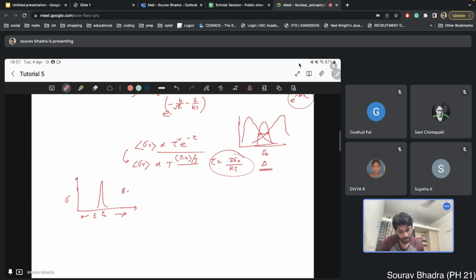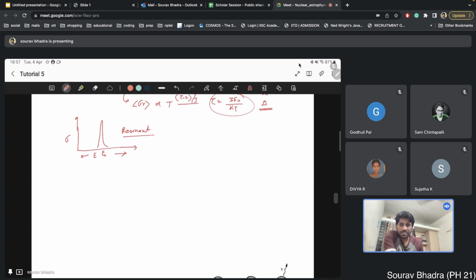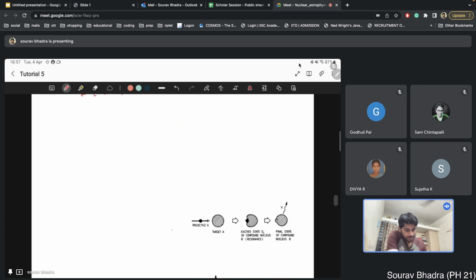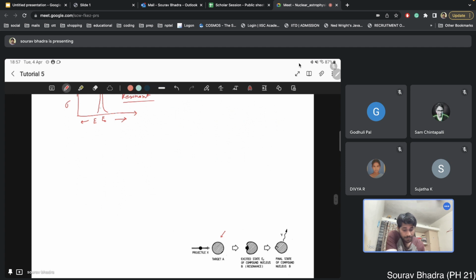So this is the understanding of resonant reaction. That's why we have divided our reaction into two classes depending upon the dependence of sigma upon the energy. And you have already studied this resonant reaction is a two-step reaction. A projectile will come, this is a target, and it will interact with the target only if the energy of the projectile lies within this range.